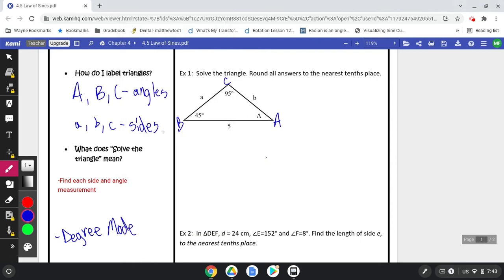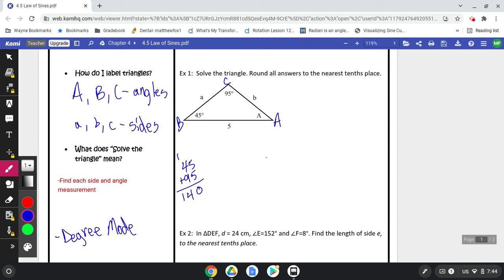Now, to solve this one, the first thing we can solve is this missing angle. That will be easy, because hopefully you remember, every triangle in the world, the three angles add up to 180. That does not change here. We have 45 plus 95, that will equal 140.